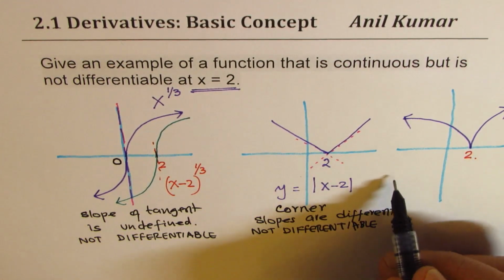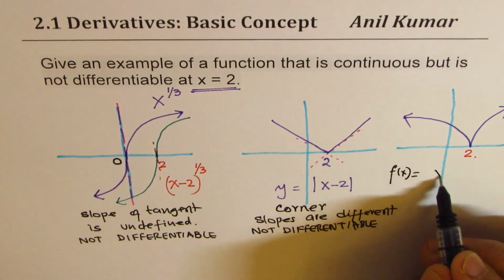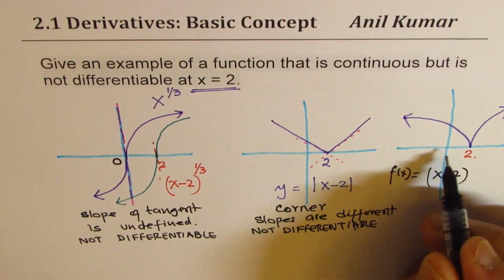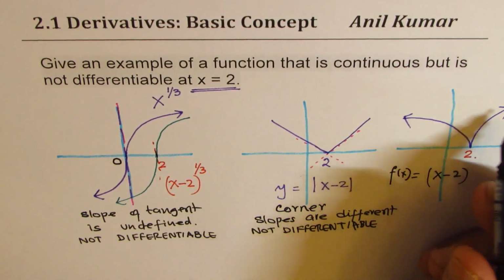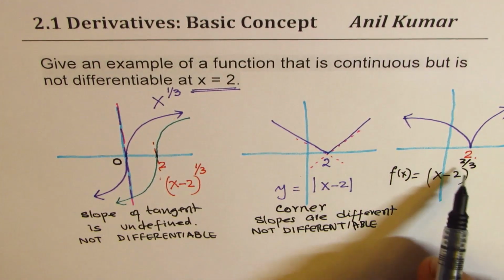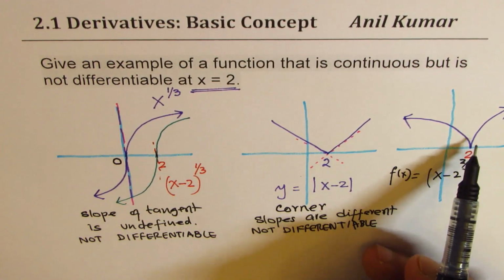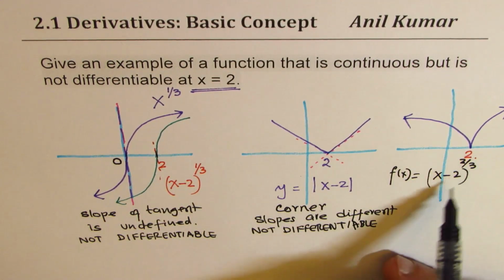I could write this function as f of x equals (x minus 2) to the power of 2 over 3. Again, we have translated 2 units to the right. And so everything is positive, so it is 2 over 3. Do you see that? So if I square this cube root function, this is what I'm going to get. Do you see that? 2 over 3.